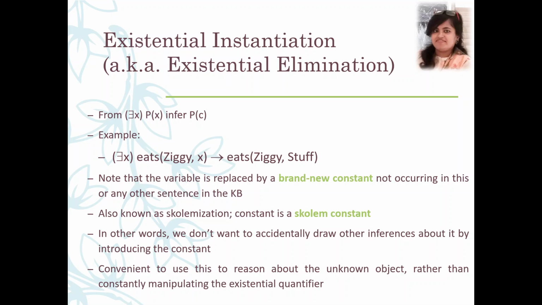This is also known as Skolemization, where the constant is a Skolem constant. In other words, we don't want to accidentally draw other inferences about it by introducing the constant. It is convenient to use this to reason about the unknown object rather than constantly manipulating the existential quantifier.